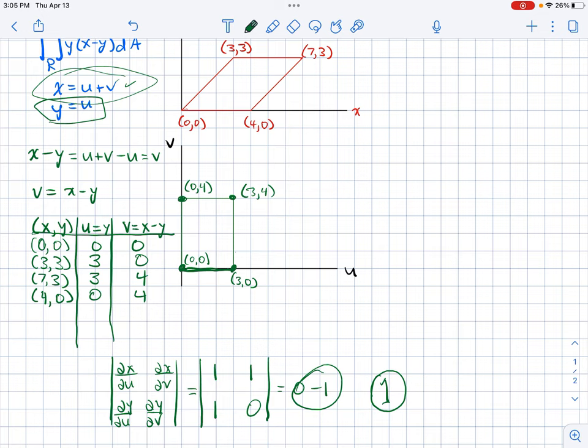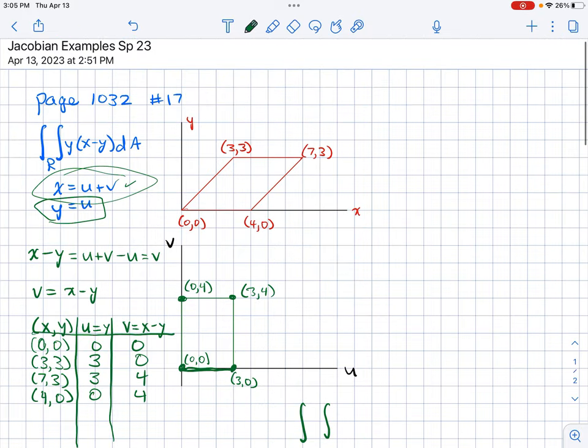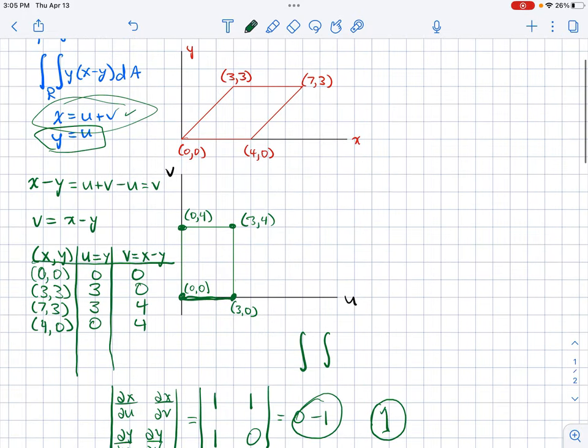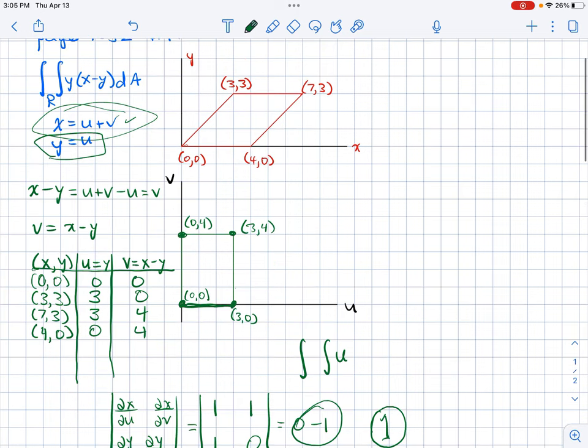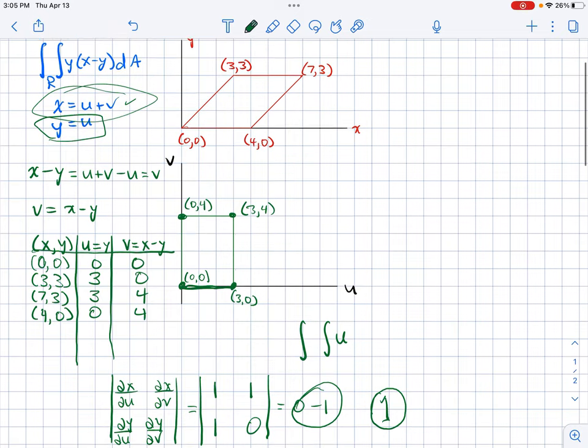Now I set up my double integral. Notice I've got y times x minus y. Well, y is u, and x minus y is v.